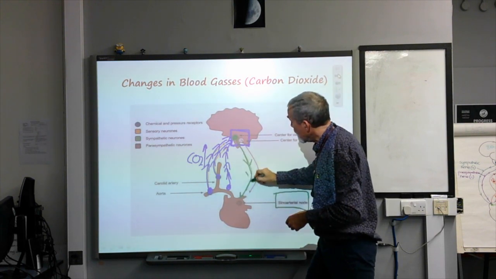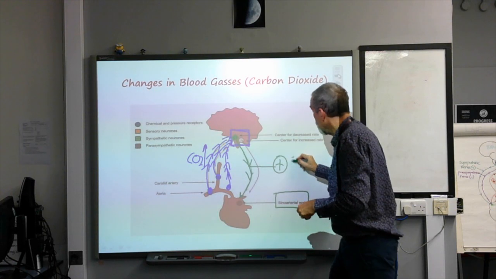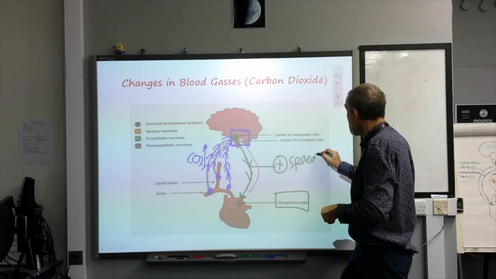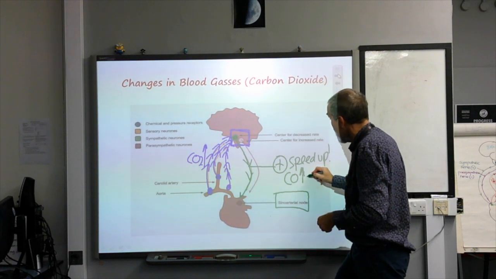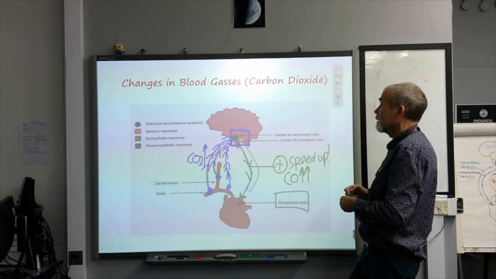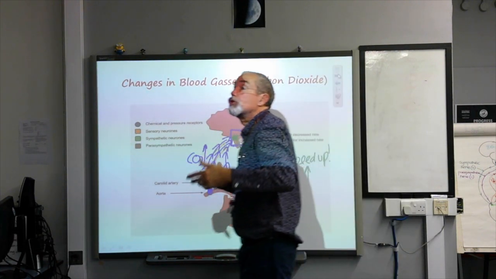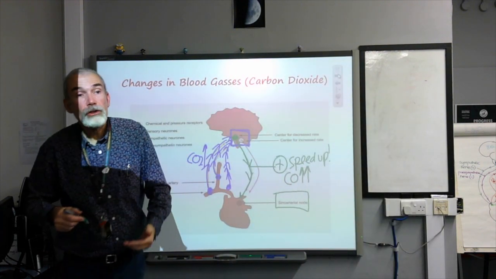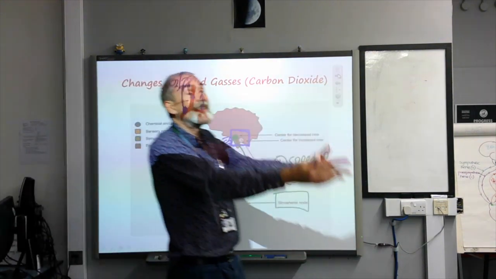And that information is basically going to tell your sinoatrial node to speed up. In other words, cardiac output is now going to increase. Why? Because we want the blood to flow to your lungs quicker so that you can get rid of that carbon dioxide when you breathe it out.